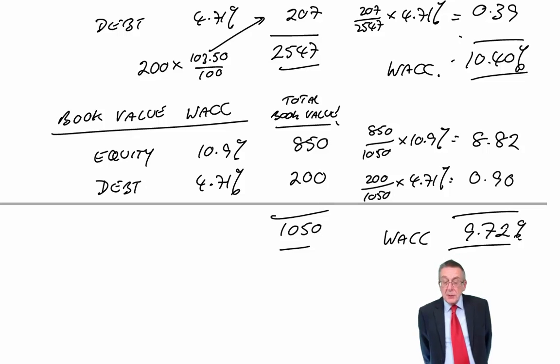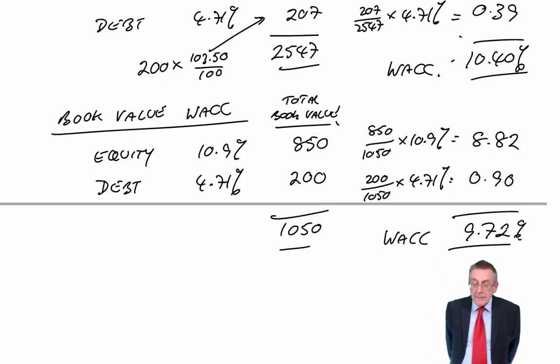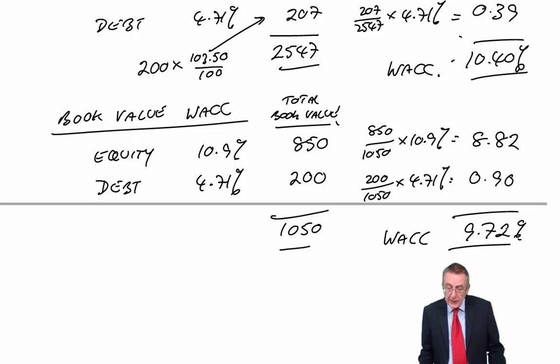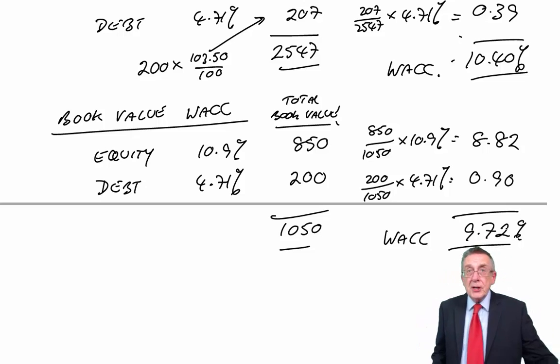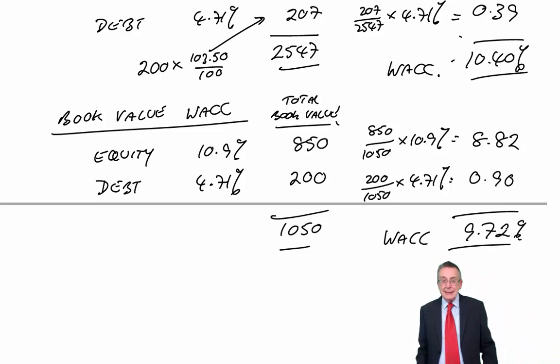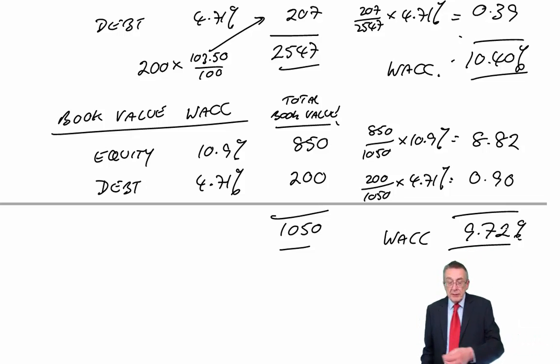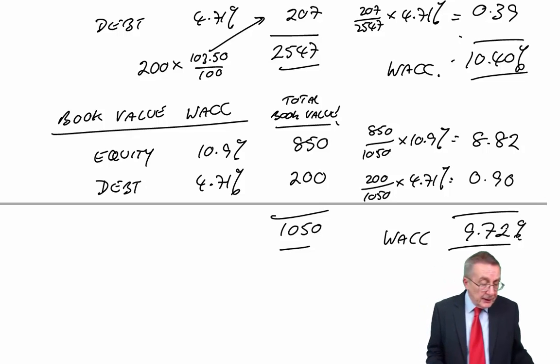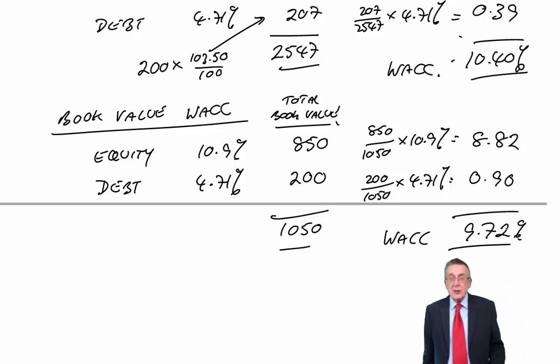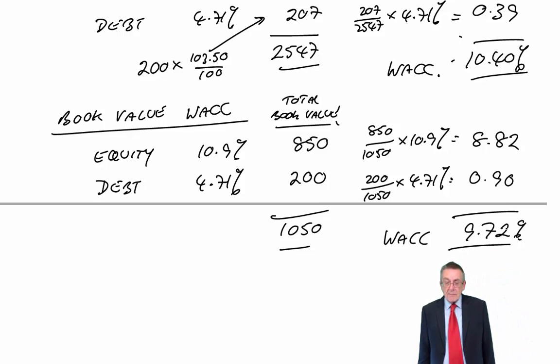But there are really 2 comments that should be made. One is that market value weighted is the more sensible. That's what we normally do, because market values are showing what you might call the true amount of borrowing from equity, borrowing from debt. The book values, of course, they certainly aren't showing the true values.